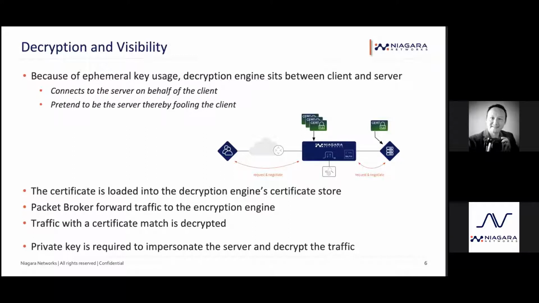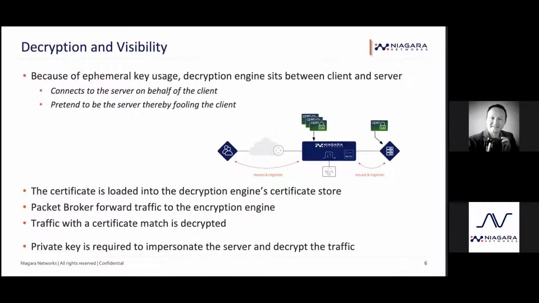Because of this ephemeral key usage, these rotating keys, the decryption engine sits between the client and the server, as you can see in the drawing. In this case, I have drawn the packet broker in between. The packet broker has a decryption engine, and the decryption engine is talking to the client and the server.